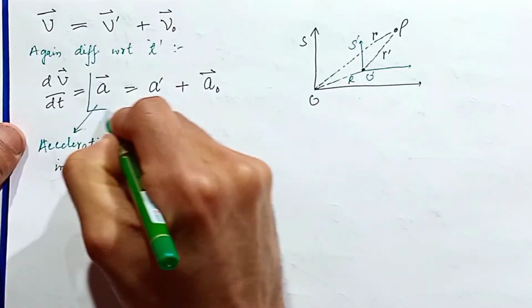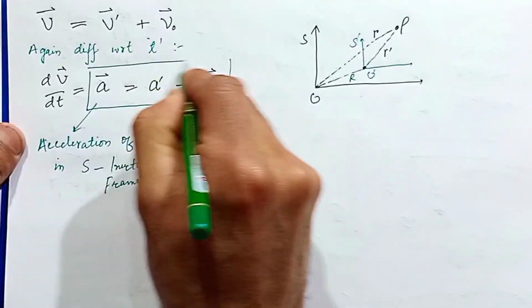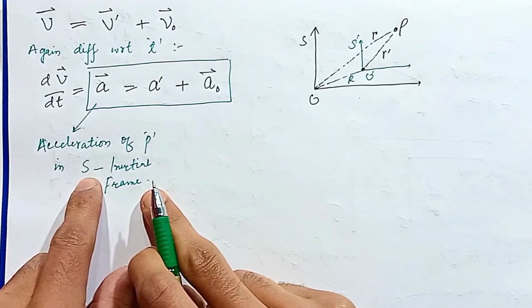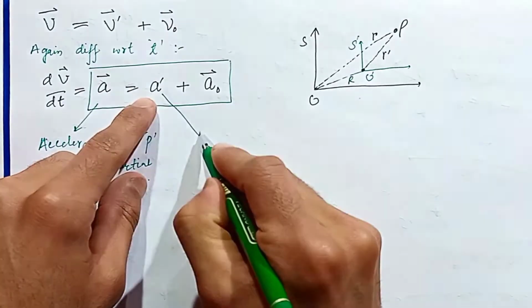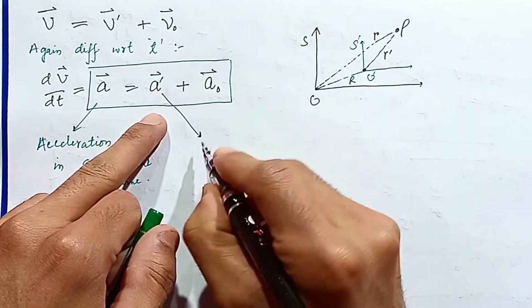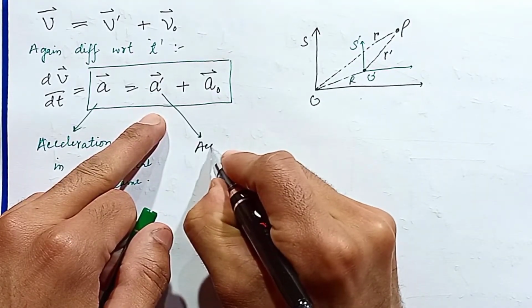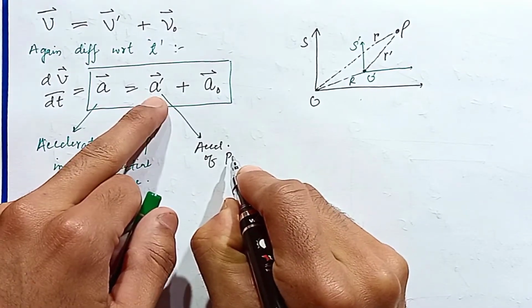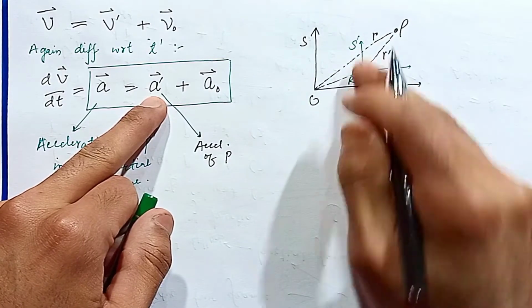So this gives the acceleration of the point particle p in the frame of reference S, and this a prime, it's a vector quantity, is the acceleration of the particle p in the frame of reference S prime.